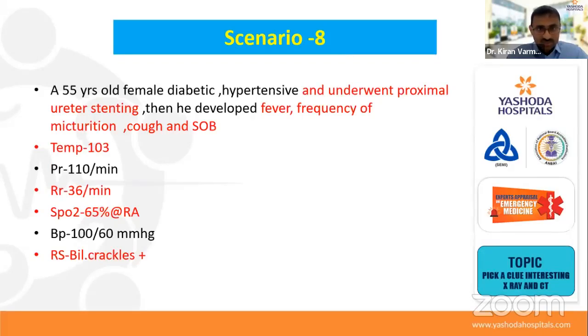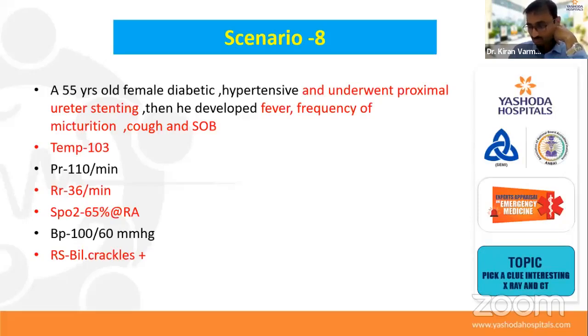One is urological surgery, then she developed fever, frequency of micturition, tachycardia, tachypnea, high temperature, low saturation, and on RS examination bilateral crepitations. So what are the differentials here? Stent block causing back pressure, UTI, then why cough and SOB? Usha Bade, okay, ARDS.